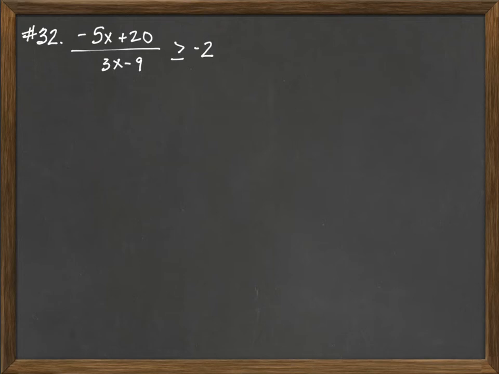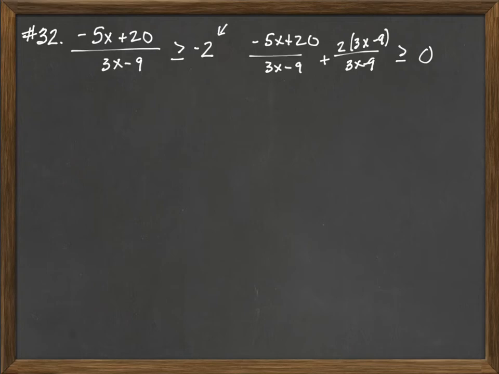Number 32 is negative 5x plus 20 over 3x minus 9 is greater than or equal to negative 2. Again, have to have 0 here, so going to add that 2. So negative 5x plus 20 over 3x minus 9 plus 2, and I'm going to go ahead and do the common denominator right now. This has to have a 3x minus 9 over 3x minus 9 is greater than or equal to 0.